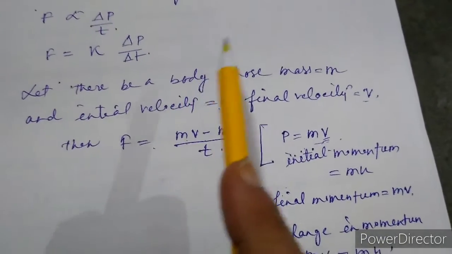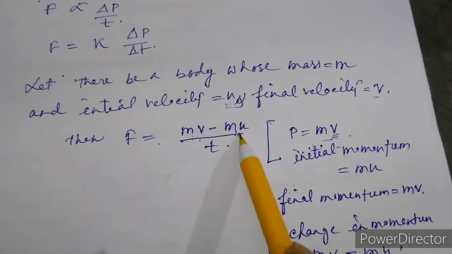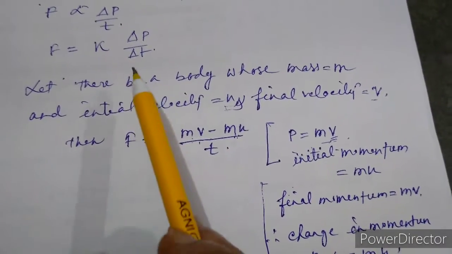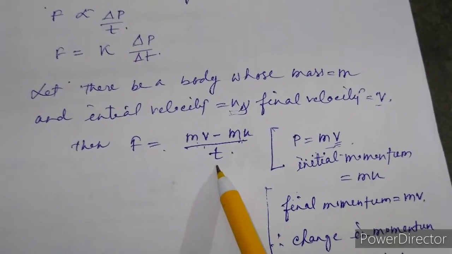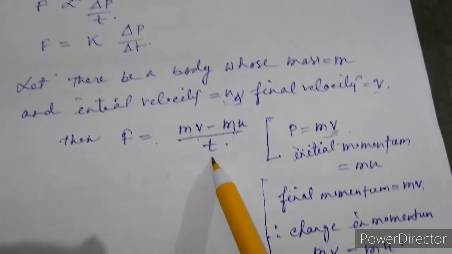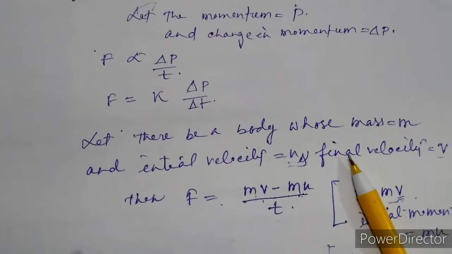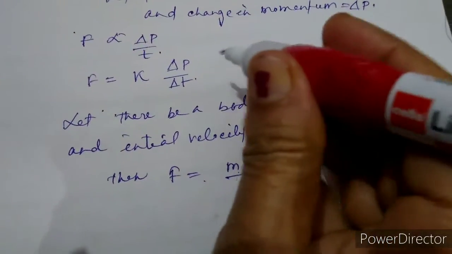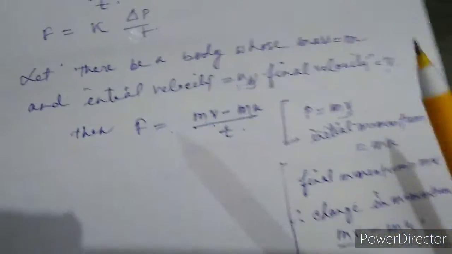And as we said it is rate, delta t, so we have written t. Instead of delta t we can simply write t. This delta t is no need to write, then also it is correct.